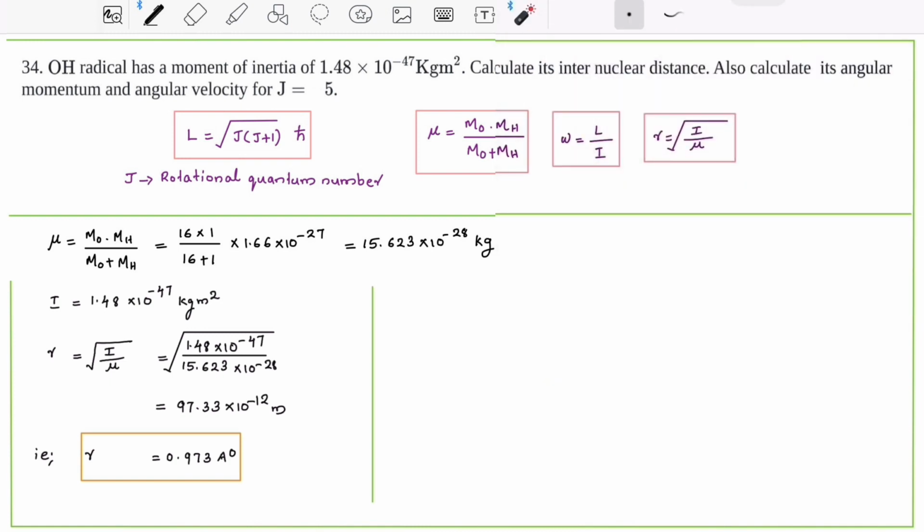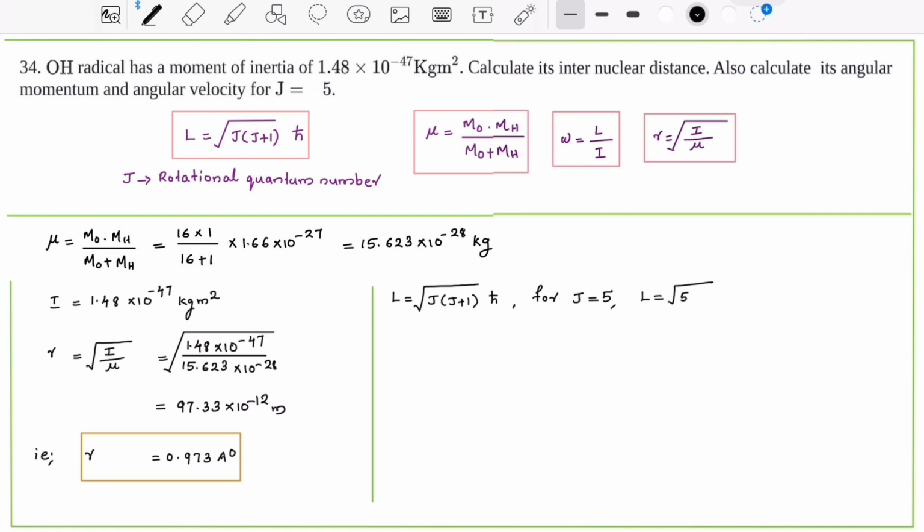Now let us find out the angular momentum for J is equal to 5. L is equal to root of J into J plus 1 h bar. Here J is equal to 5. Therefore L is equal to root of 5 into 6 h bar, that is equal to root of 30 h bar. That is angular momentum is root 30 h bar.